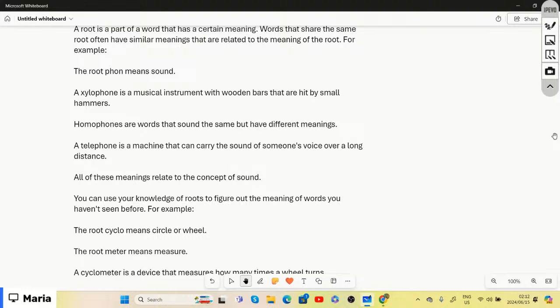We say a telephone or cell phone is a machine that can carry the sound of someone's voice over a long distance. That is why we can call someone, even if the person is in a different country or a different continent. We can call the person without hesitation unless there are network issues in the area in which he or she lives.